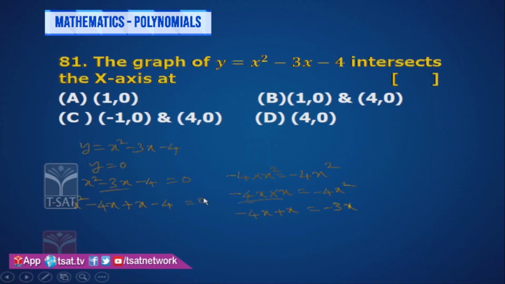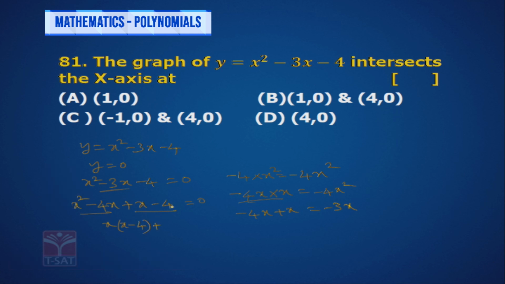Then x common in this, 1 common in this, bring this out. What is left over? x minus 4 is left over. In this 1 is common, bring it out. What is left over? x minus 4 is left over. In this 2, what is common? x minus 4 is common, bring this out. Then what is left over? x plus 1 is left over.